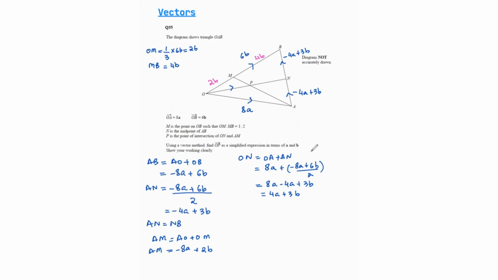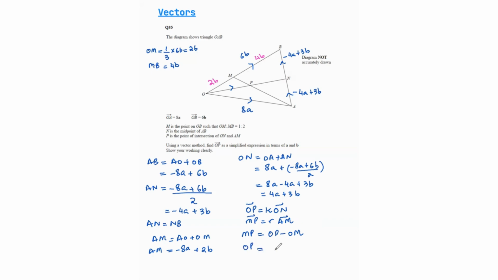Now we know OP lies on ON and AM. So we can begin with saying that OP is some scale factor k times ON, and MP is some scale factor r times AM. Now MP can be rewritten as OP minus OM.